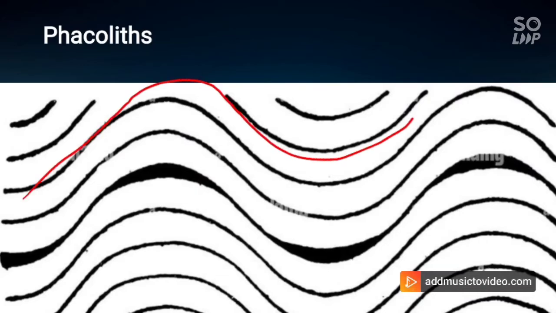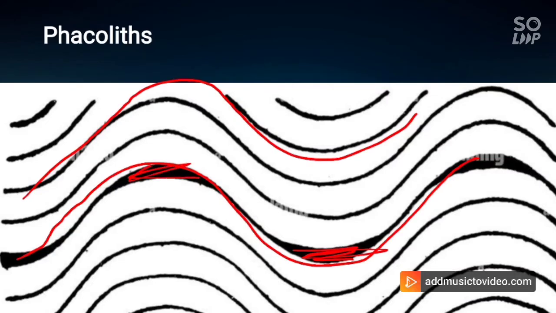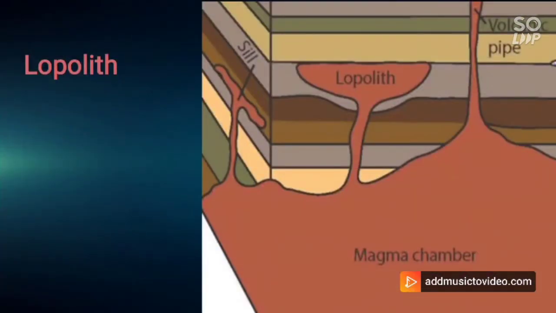Deposition and solidifying of magma on an anticline and syncline is known as phacoliths. Now the next thing is, what is lopolith? The shallow basin or bowl shaped magma fills a concave shallow basin.